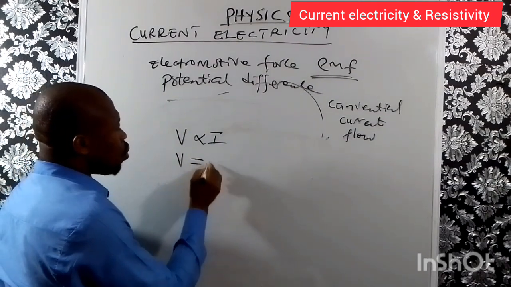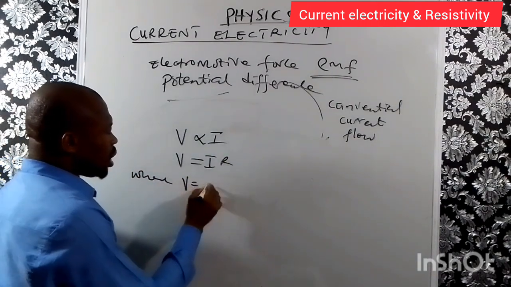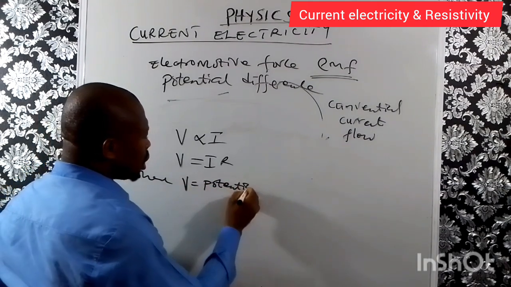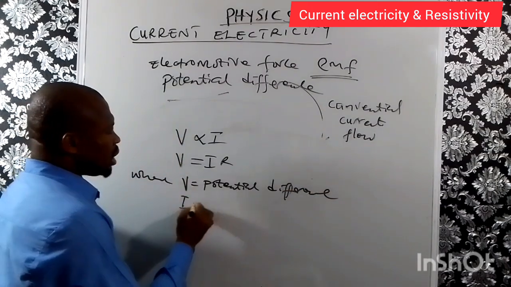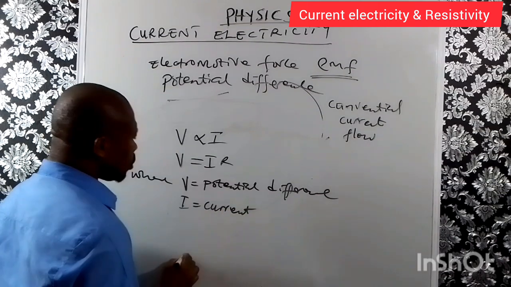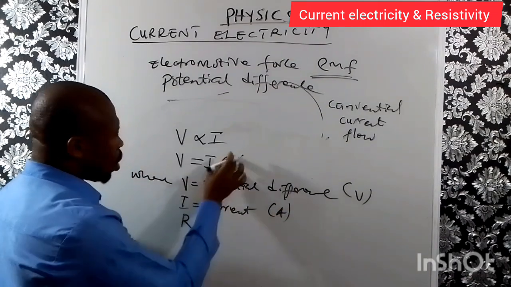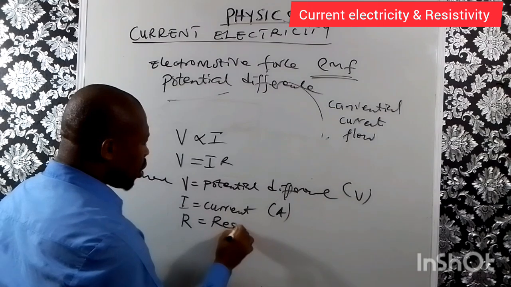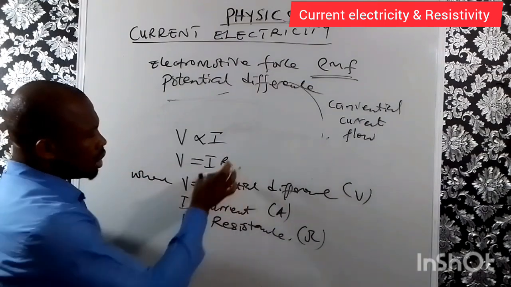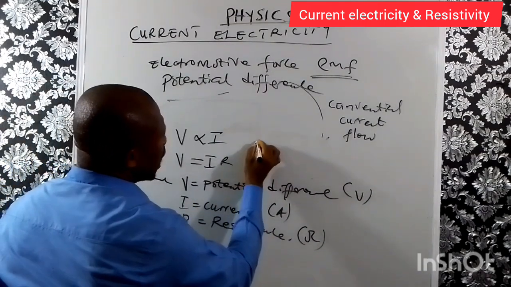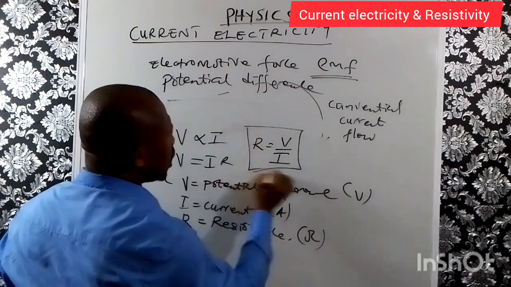V is equal to IR, where V is the potential difference, I is the current. Potential difference is in volts, current is in amperes. The other one is R, the resistance in ohms. From here we can say that R is equal to V over I. We can put this in a box.